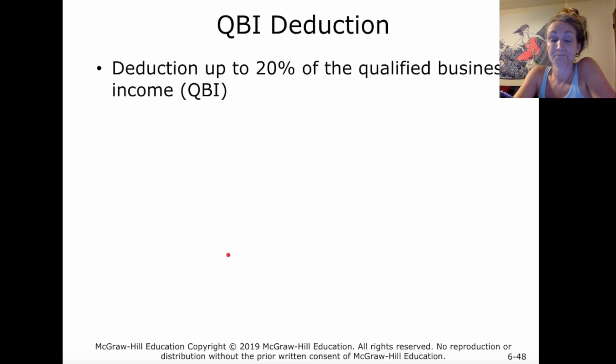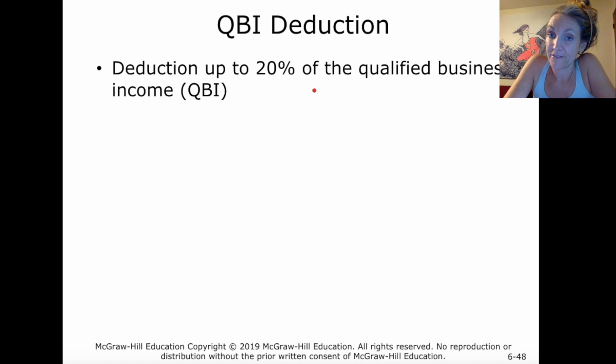For the sake of time, our QBI deduction here is up to 20% of qualified business income. This was part of the December 2017 Tax Cuts and Jobs Act, which made a deduction based on income.